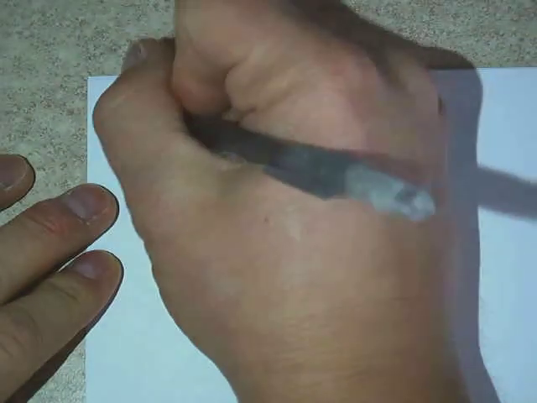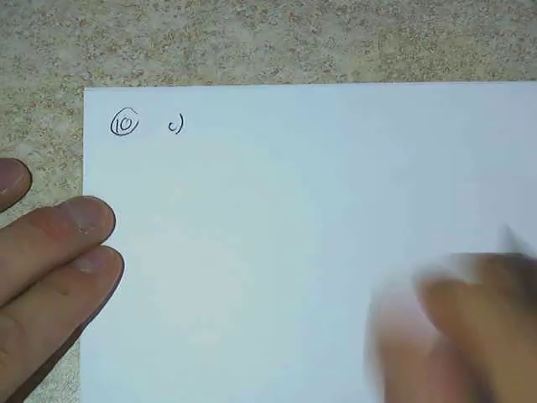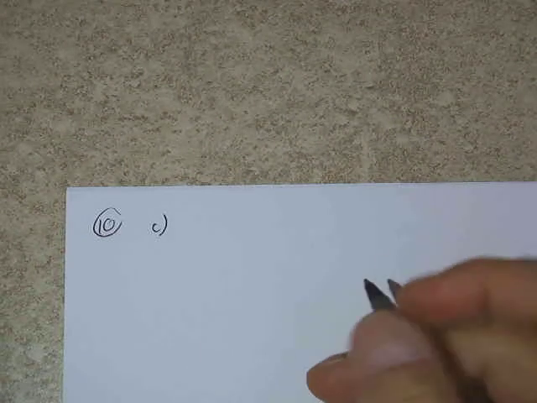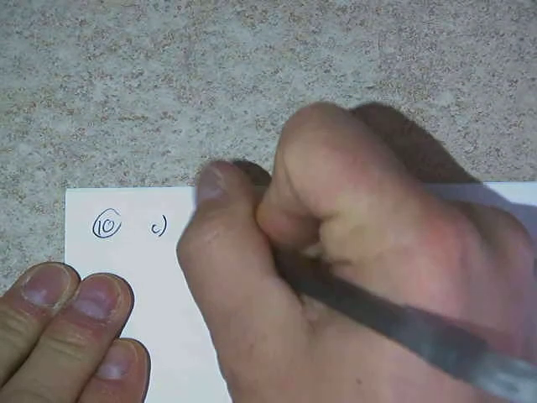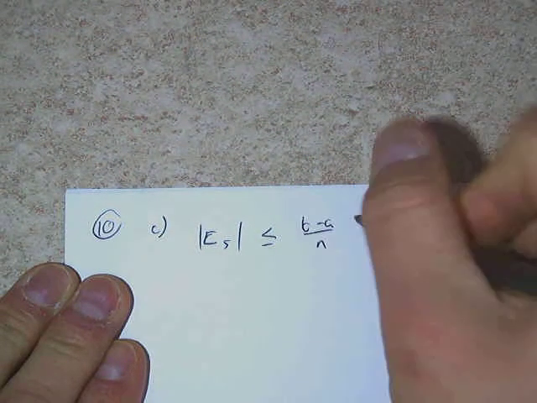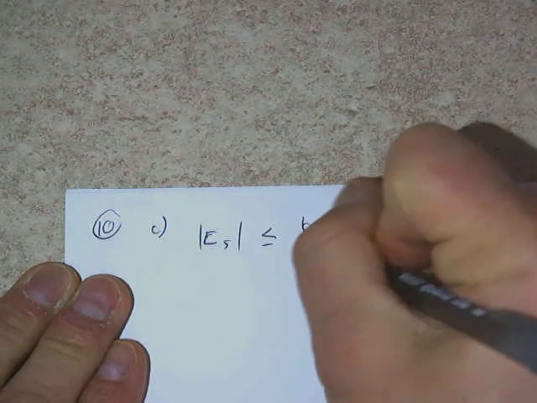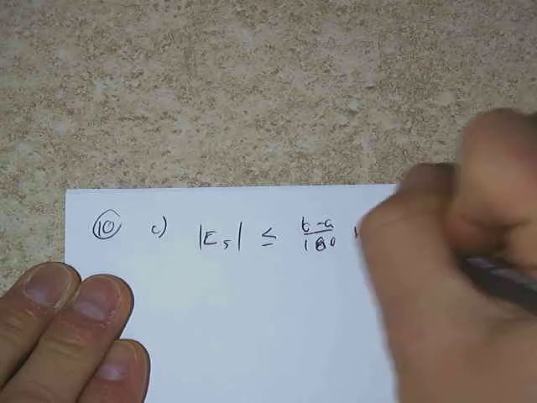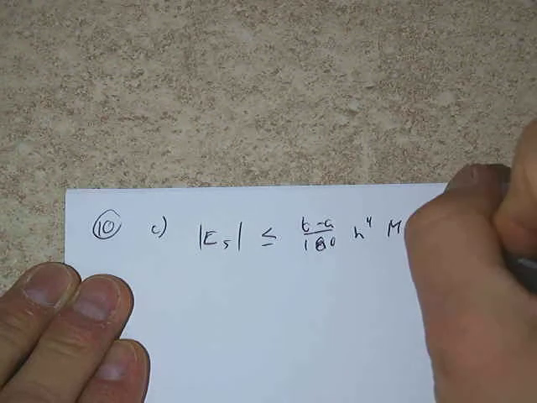So I'm still working on number 10, part C. If we look at the error bound formula for Simpson's rule, remember I talked about that the error bound formula is b minus a over, not n, 180, and then h to the 4th, and then M of the 4th derivative.